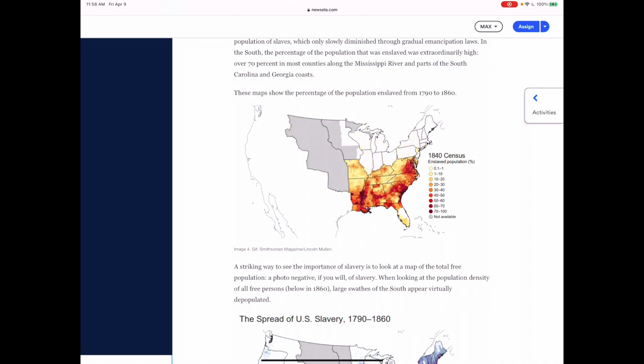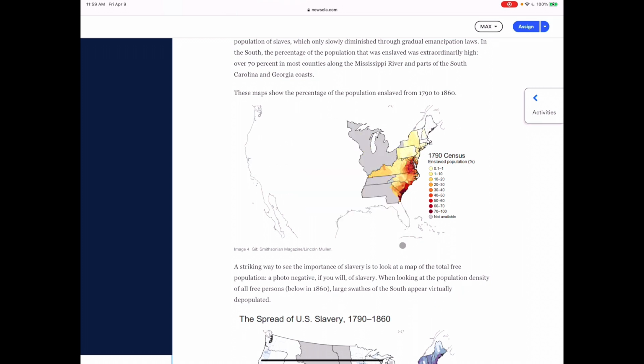All right, the deeper, the darker the red, the higher the percentage of enslaved. So you can see two things from this map. You can see how slavery expanded west as the United States expanded. If you really look at the map, you can find those territories that had slavery and those that did not.